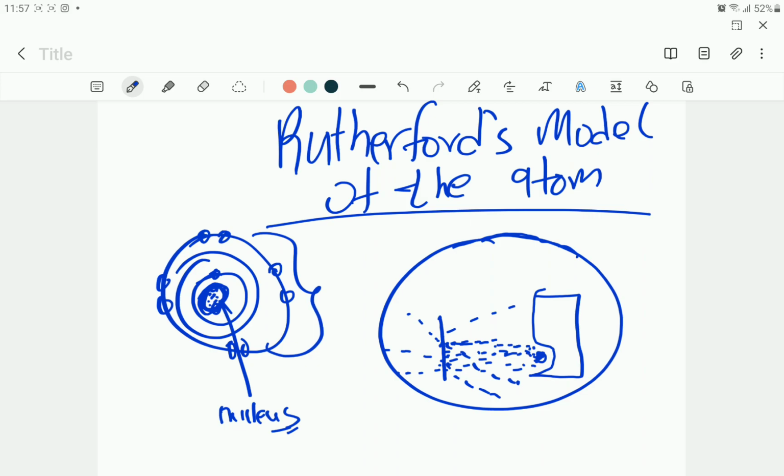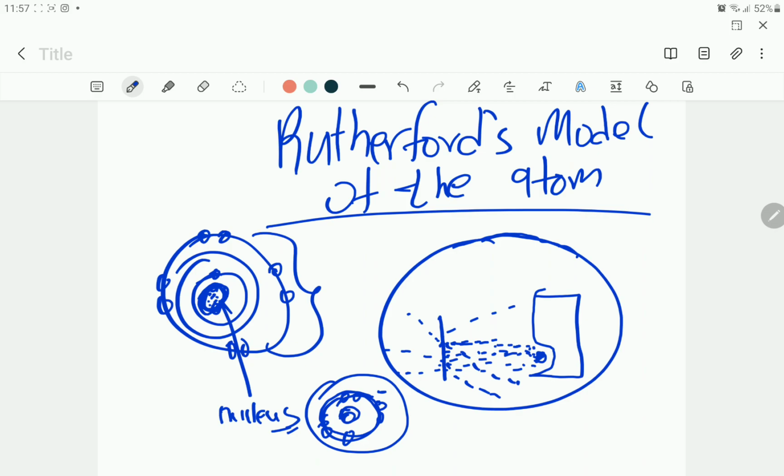Now from J.J. Thomson, we've concluded that indeed atoms have electrons in them. J.J. Thomson said that these electrons have negative charges, and they move around this nucleus in an orbit. This is the orbit.